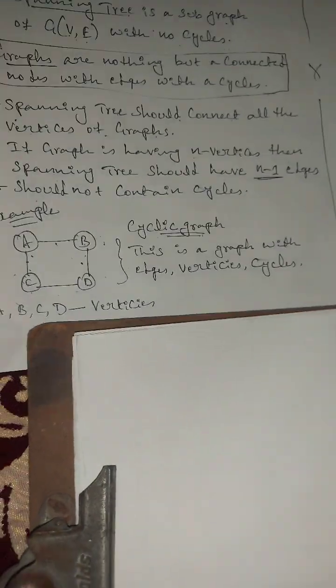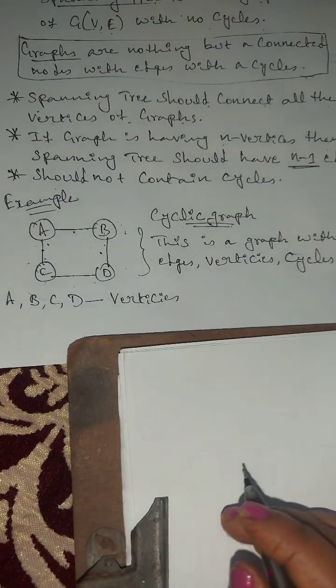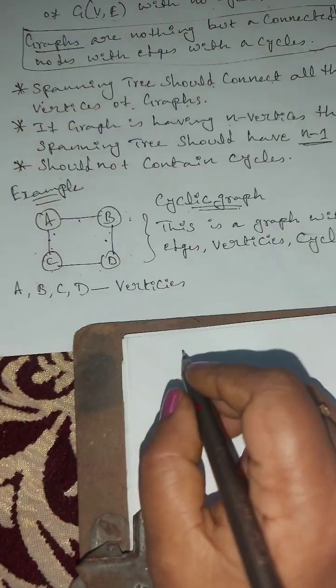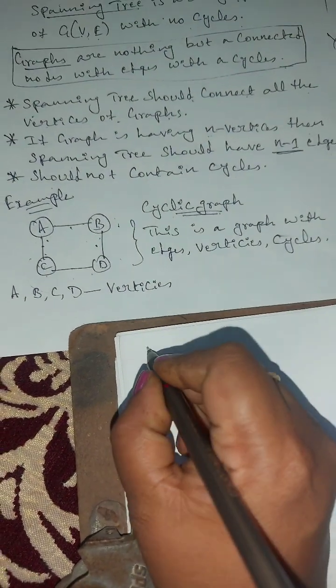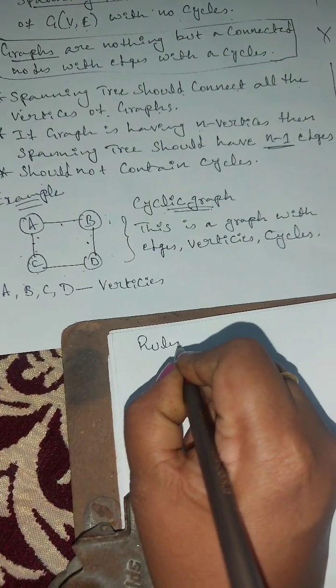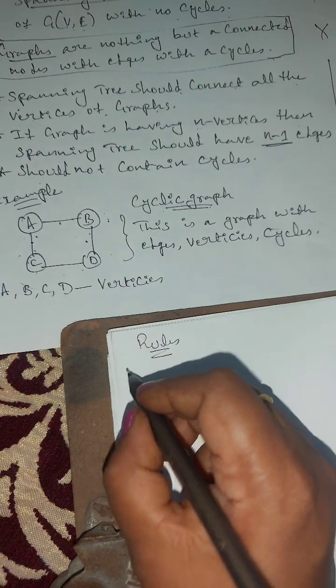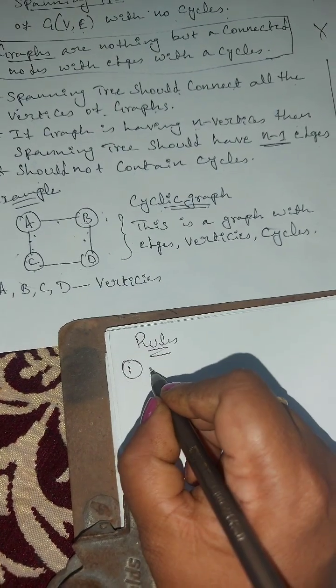This is a continuation of the previous video. Here we are creating the spanning tree of a graph. What are the rules we have to follow when creating a spanning tree?